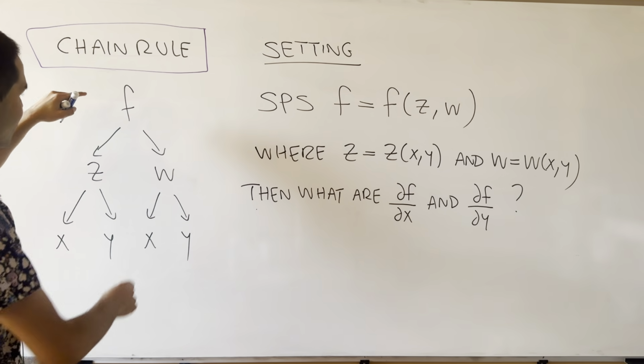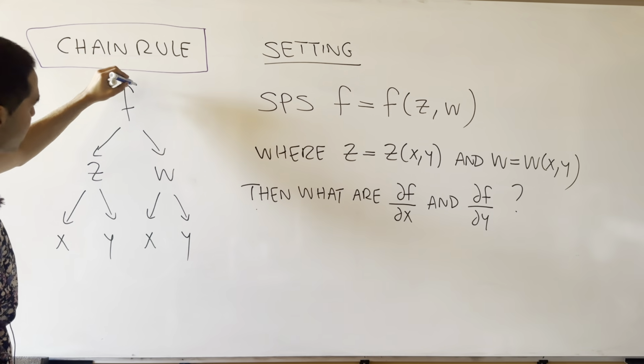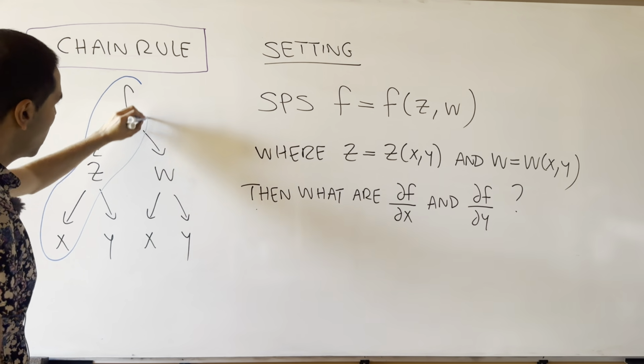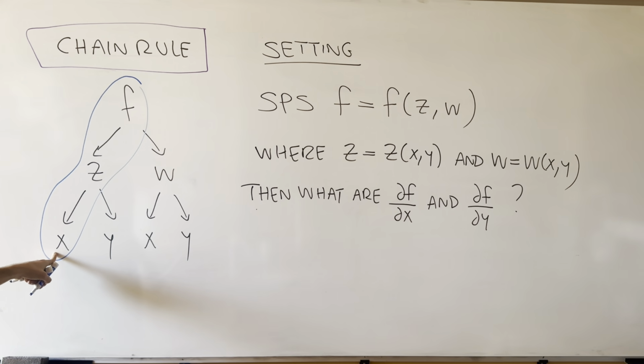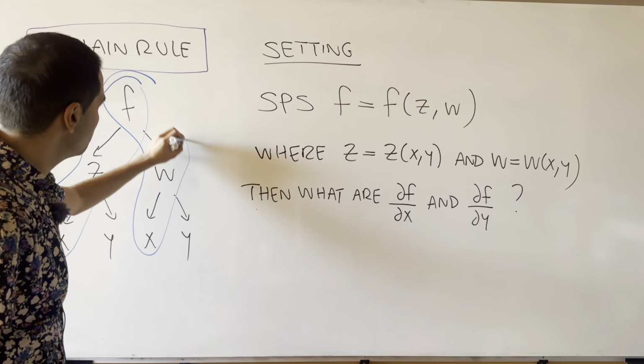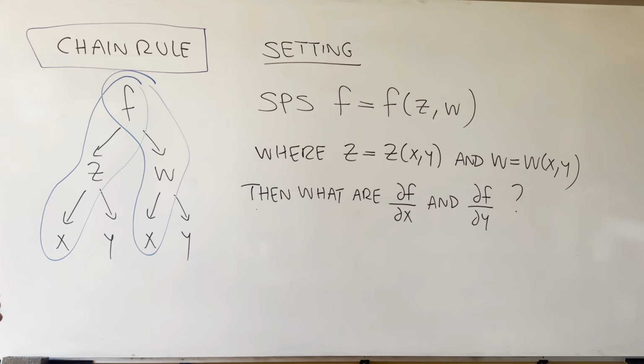So what it is, df over dx becomes df over dz times dz over dx, the first chain, plus df over dw times dw over dx.